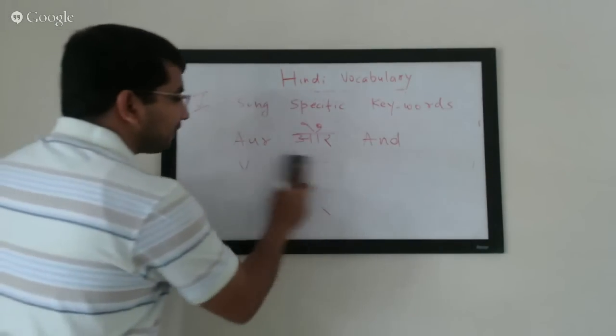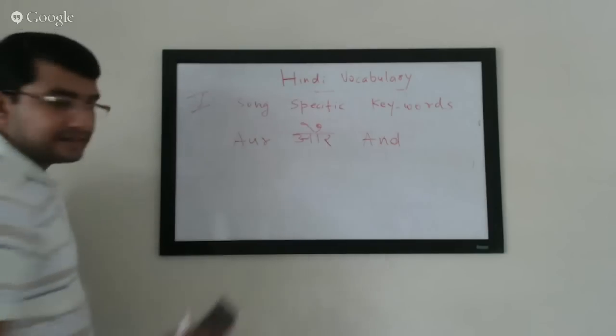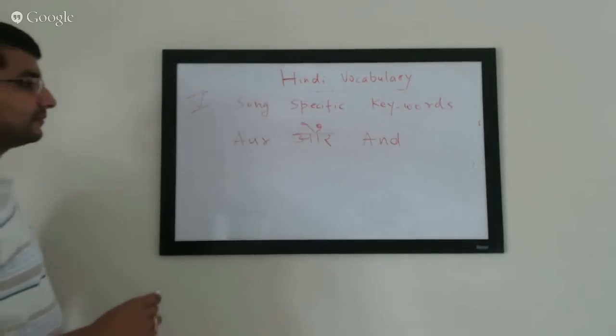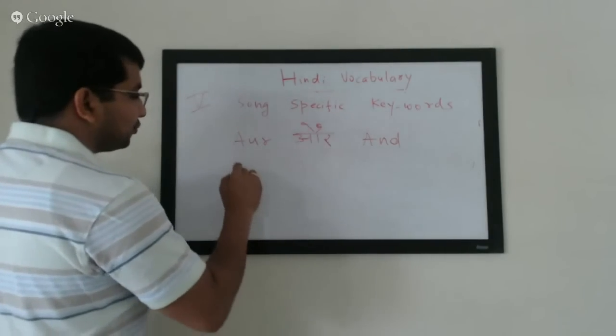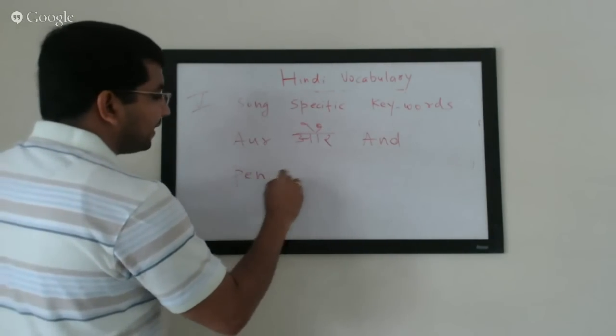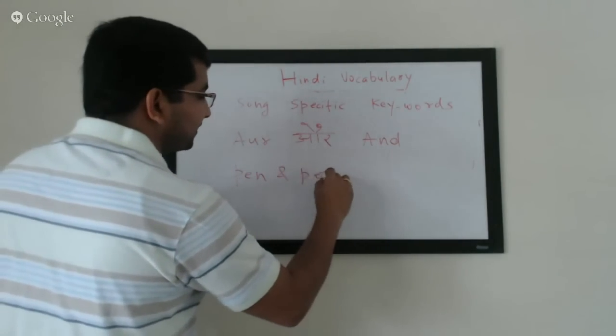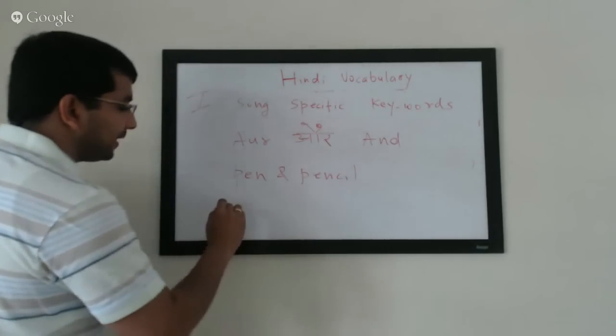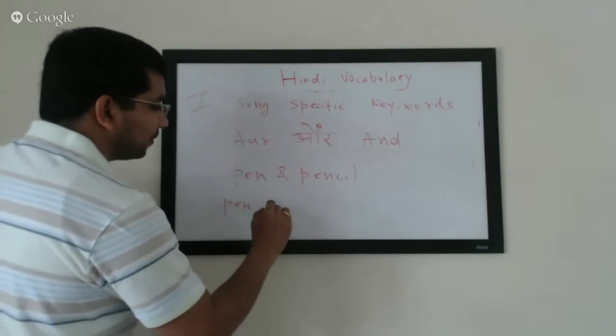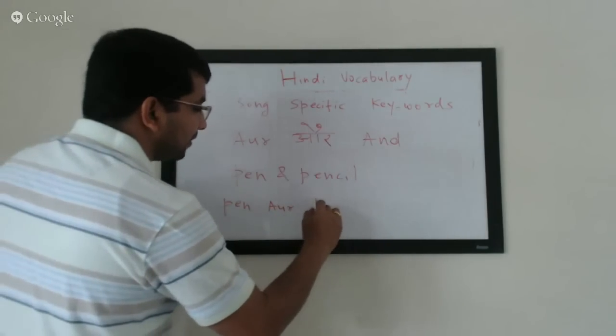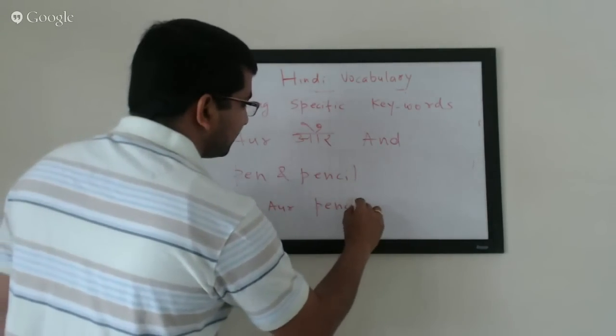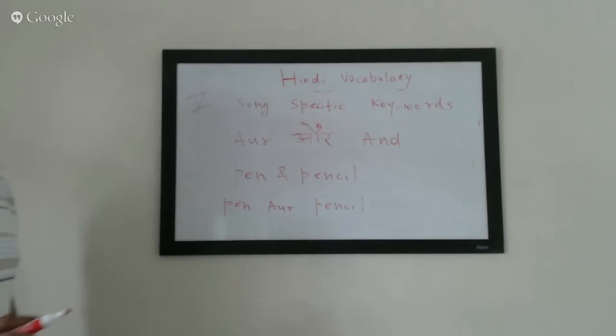and I will take it a little further so that I can give you more examples, right? So basically, pen and pencil, right? If you want to say that in Hindi, it would be pen or pencil, right? Pen and pencil.